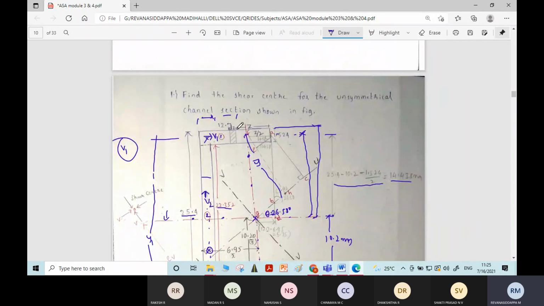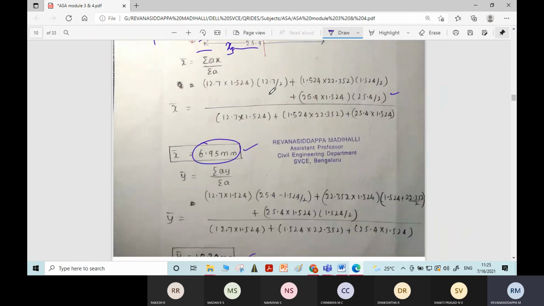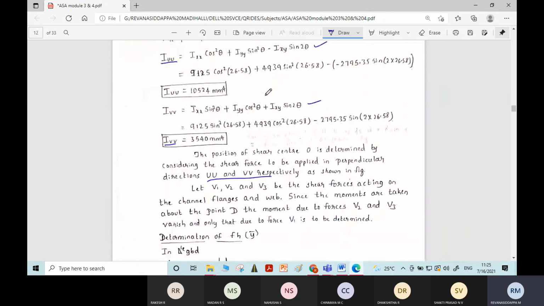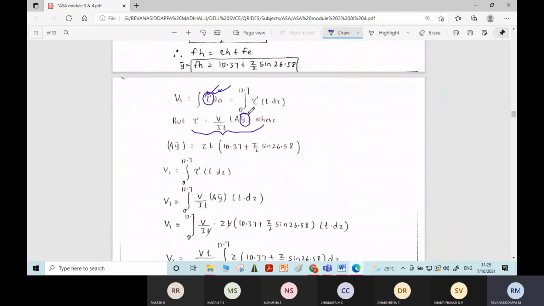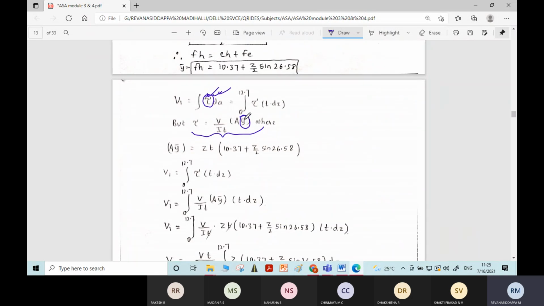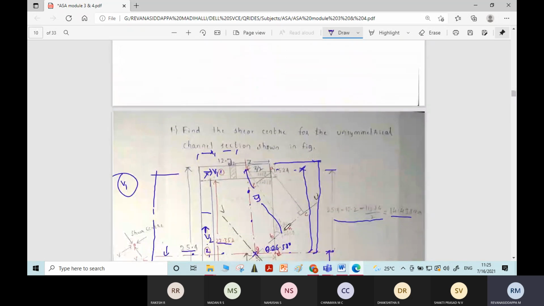Here I considered an elemental area dz at a distance z from the end of the beam. In this expression, Y bar is the distance of the centroid of this elemental strip from the U axis, that is FH.